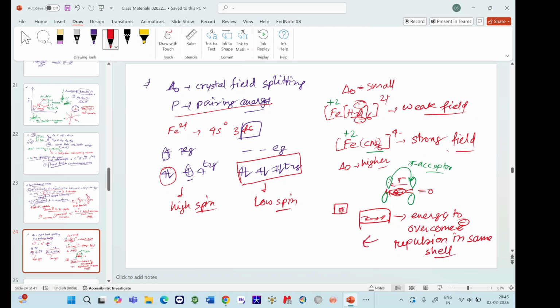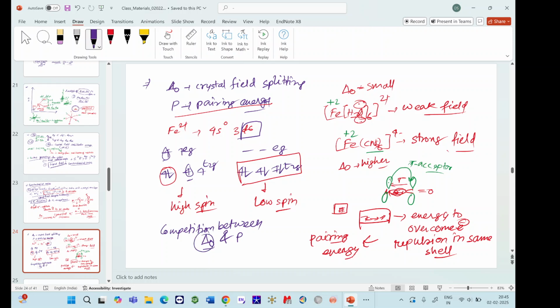That is called pairing energy. So there is always a competition between delta 0 and P, pairing energy.